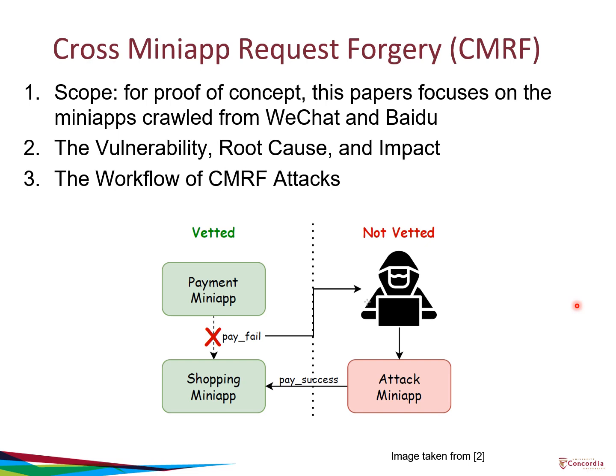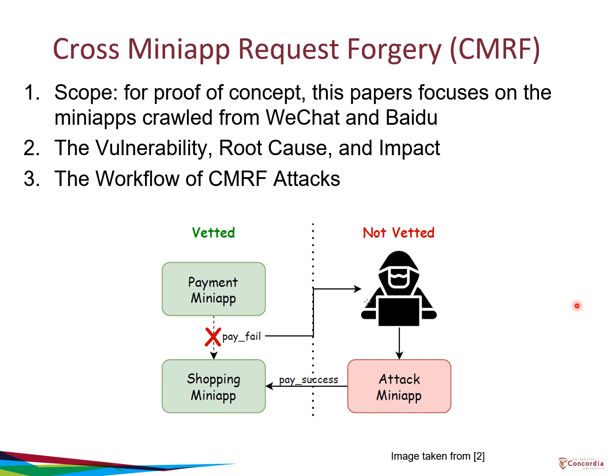However, while an application ID cannot be forged by an attacker, a developer can make a mistake and put a Miniapp in danger. So it is the responsibility of the developer to ensure that the request consumed by the receiver Miniapp is from a trusted sender Miniapp.